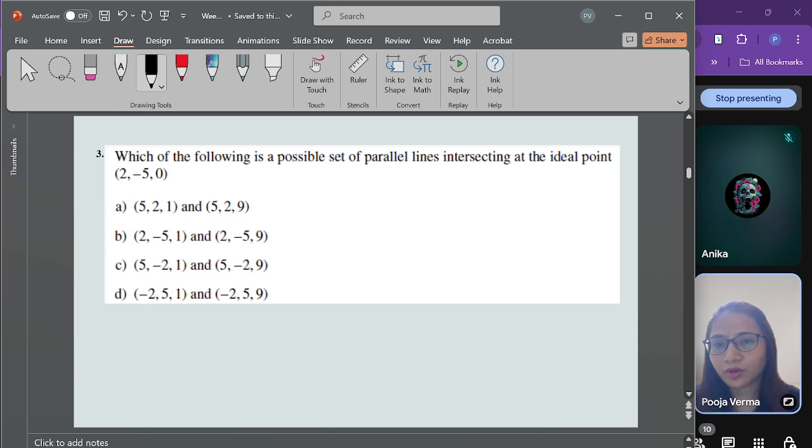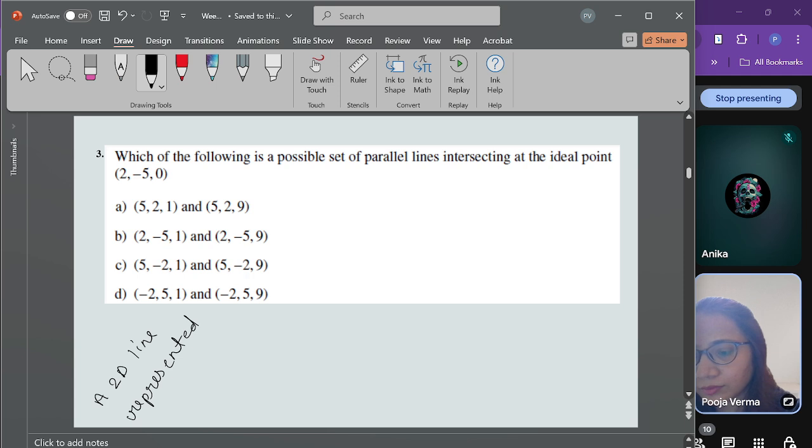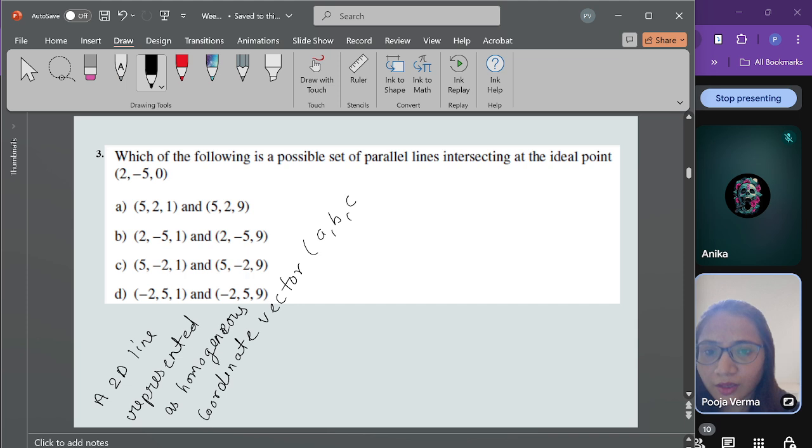Okay, as we already know, a 2D line is represented as a homogeneous coordinate vector A, B, and C, and the corresponding line equation will be ax plus by plus c is equal to 0, right?